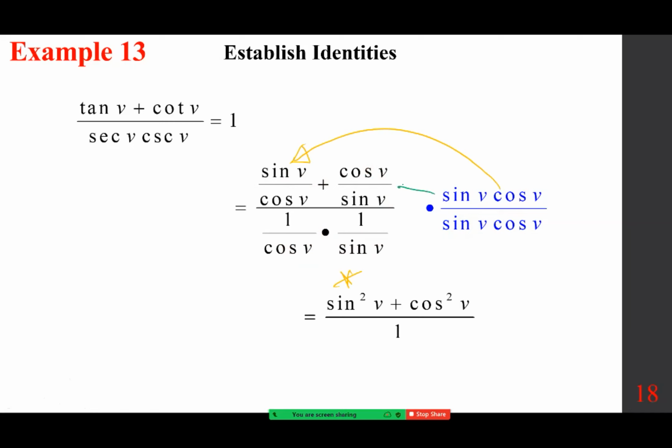If you multiply by this one, gives you this. Multiplication of these two give us 1. Now we know sine squared plus cosine squared is 1, and we are done. 1 over 1 equals 1.